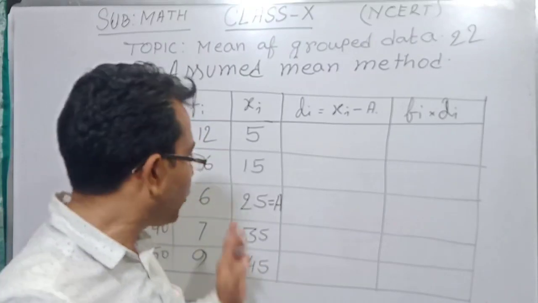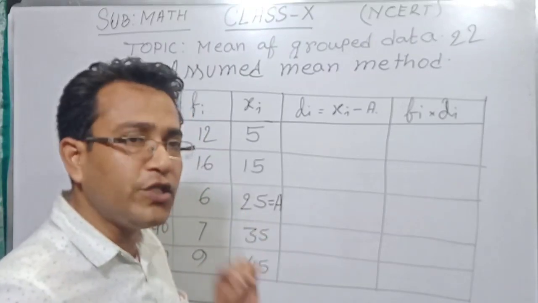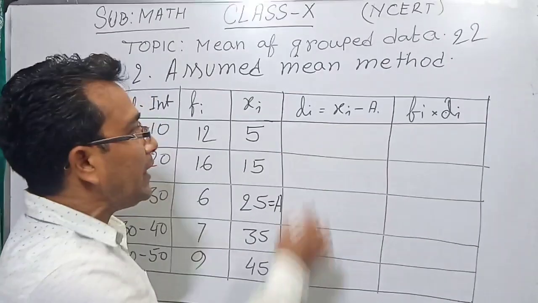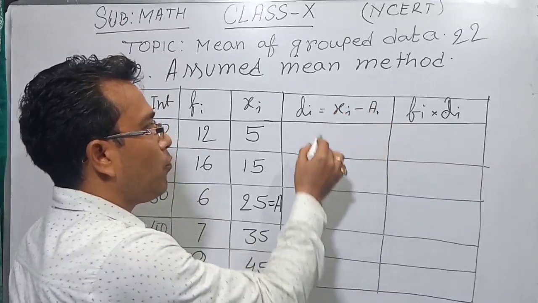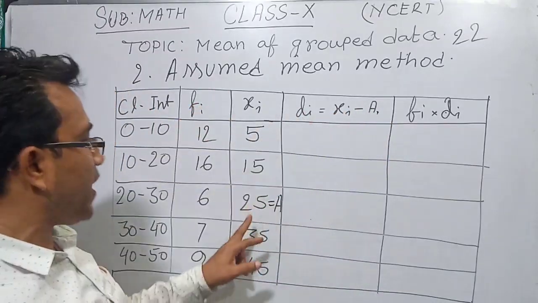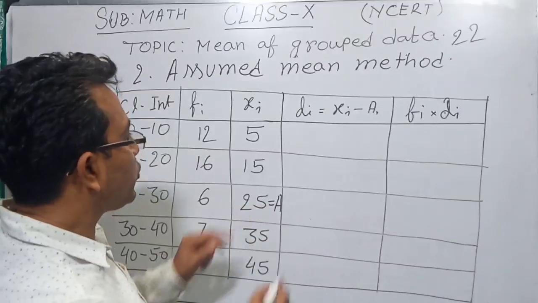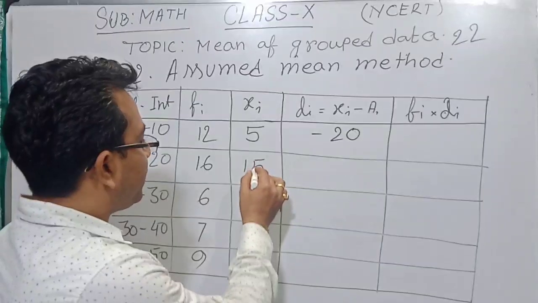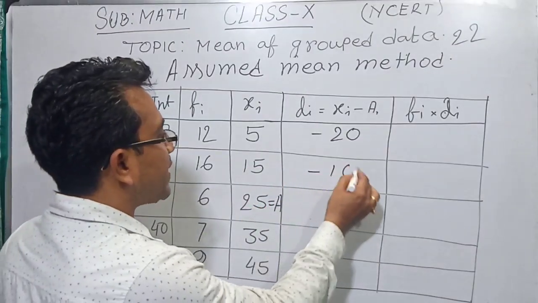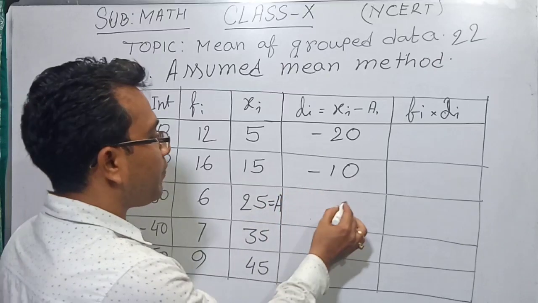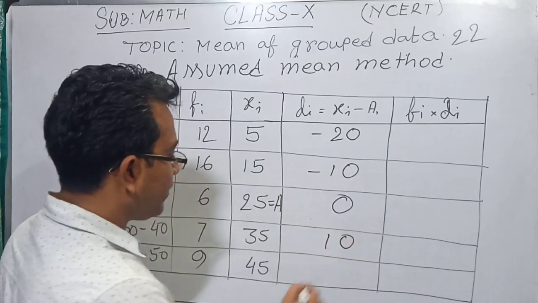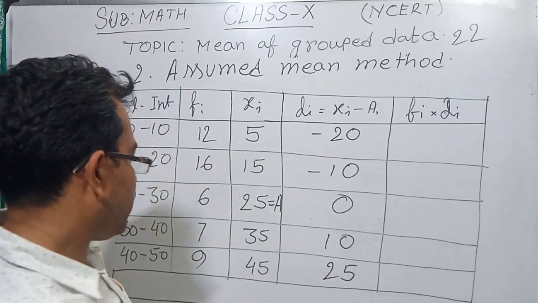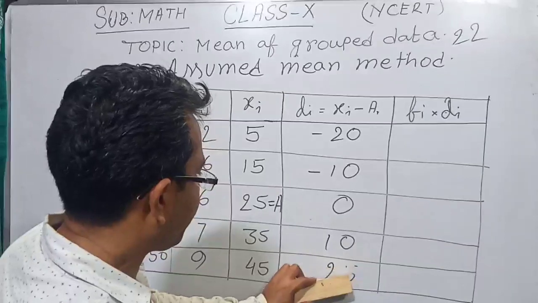Now we have to calculate Di by using this formula, xi minus a. That is 5 minus 25, that is minus 20. Then 15 minus 25, that is minus 10. 25 minus 25, that is 0. Then 10, then 20.